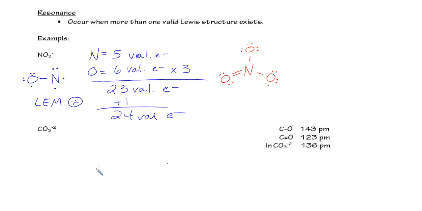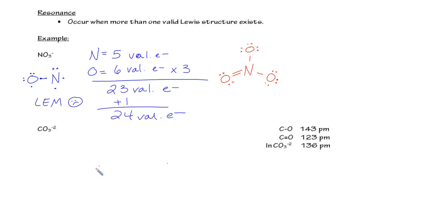You would expect the oxygen double bond to maybe have a shorter bond length, because double bonds are usually stronger than single bonds, right? So we would expect that that oxygen-nitrogen double bond would be stronger, so it would have a shorter bond length, and it would have a higher bond energy, right? It takes more energy to break a double bond.